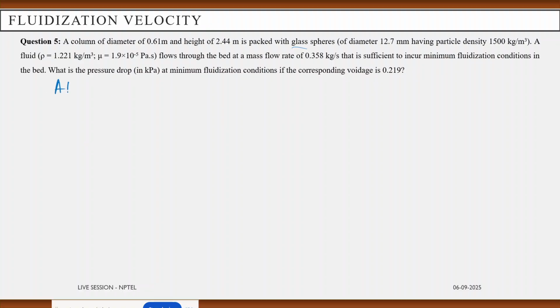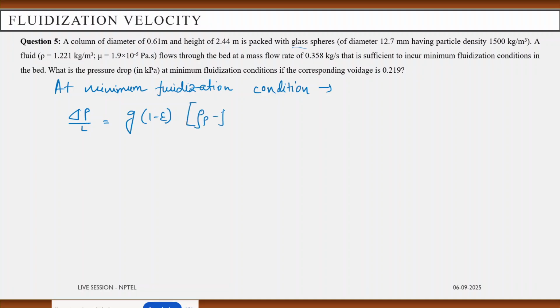We follow this equation. So here we have to calculate the pressure drop.